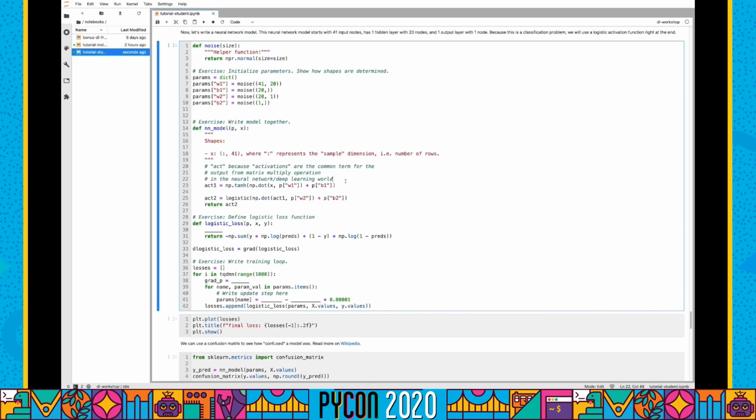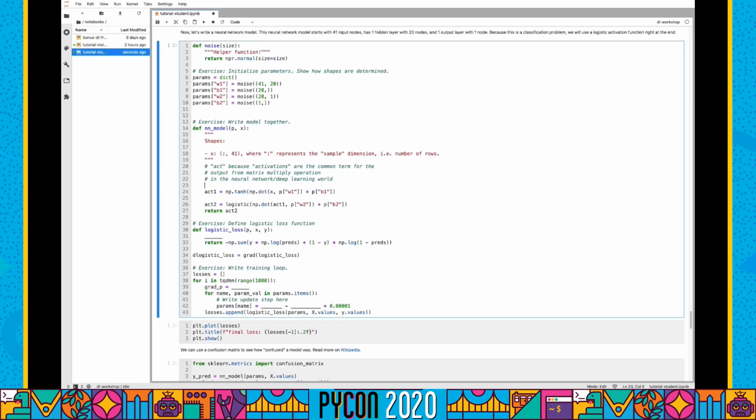So act1 would be colon by 20, which is the result of colon by 41, dot 41 by 20, plus a thing that is 20 comma, right?